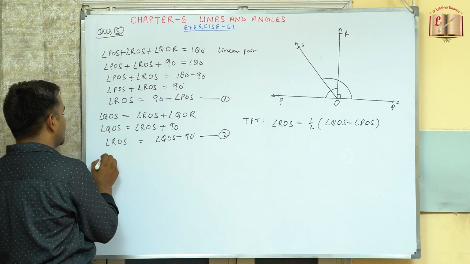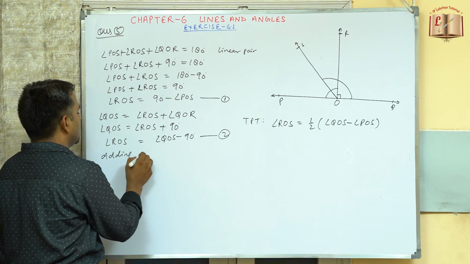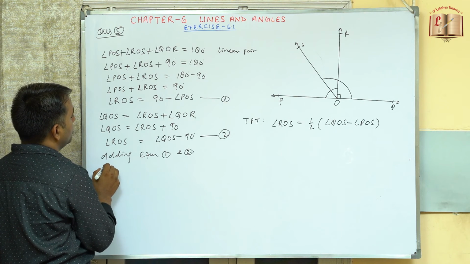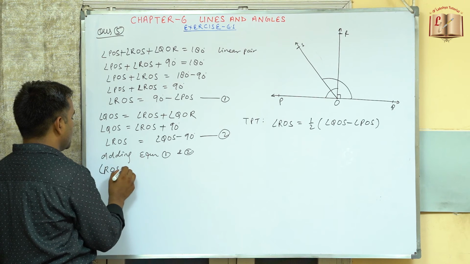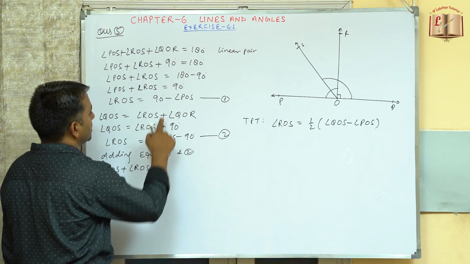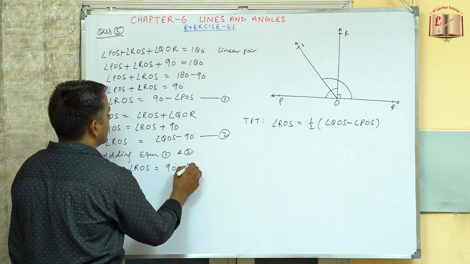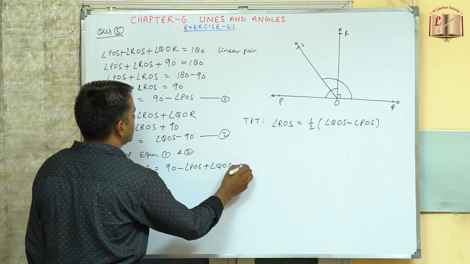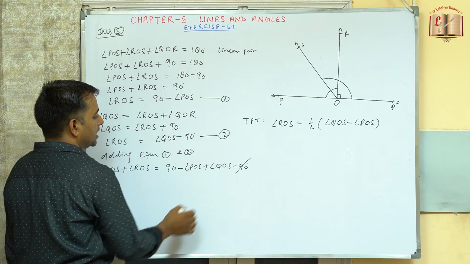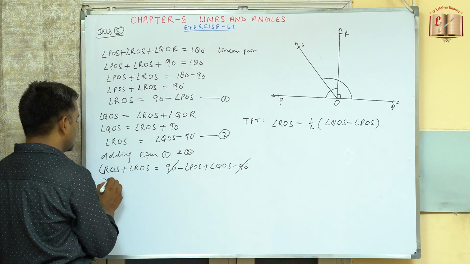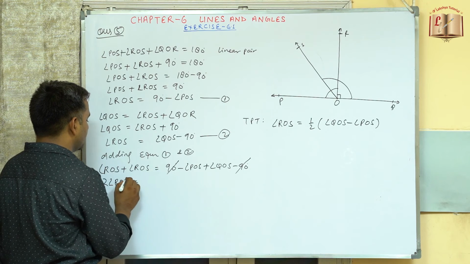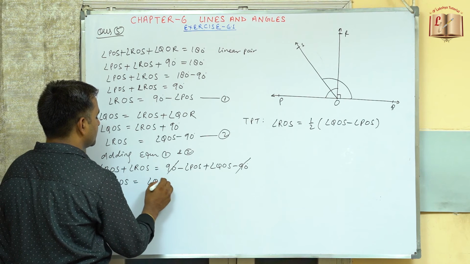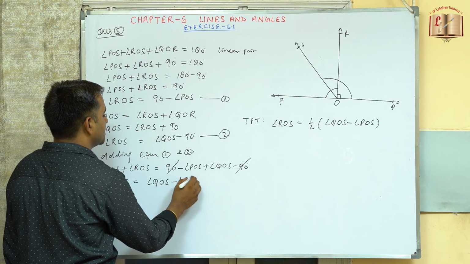Now we can add equation 1 and equation 2. So adding them, angle ROS plus angle ROS is equal to 90 minus angle POS plus angle QOS minus 90 degrees. The negative 90 and positive 90 cancel. So twice angle ROS is equal to angle QOS minus angle POS.